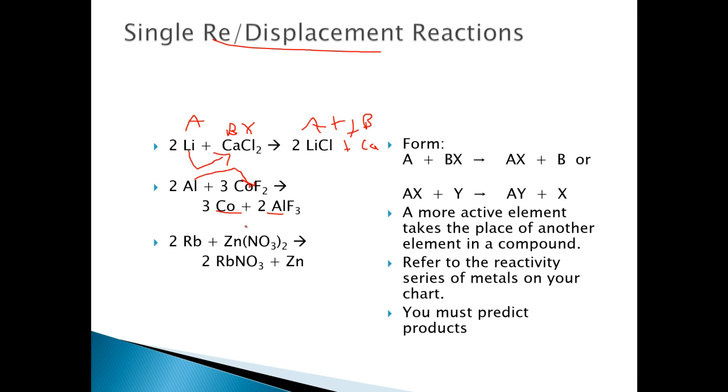And again, you need to be able to predict the products. These are so simple, where A is replacing B in this example, or Y is replacing X in this example. You can go either way, and that can happen. Most generally, you will see this. That's what almost all these examples down here are, where this is replacing this.